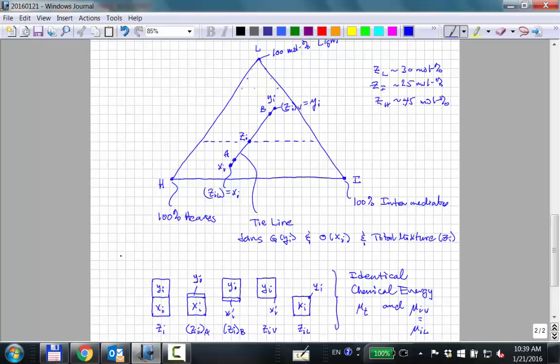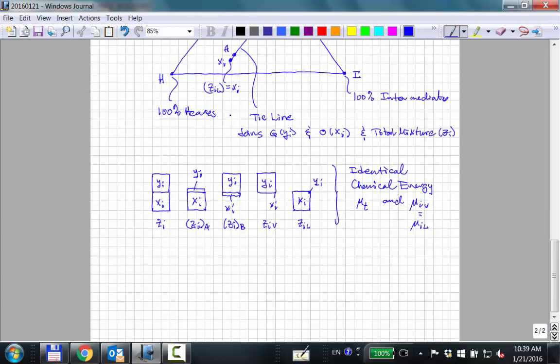So for the Zi, we know it's 30%. So we put it in the ternary diagram at the point, line 30%. What about Xi and Yi? Xi and Yi are fixed. These are the endpoints of the line. Okay. So here, Zi is equal to some fraction that's vapor.